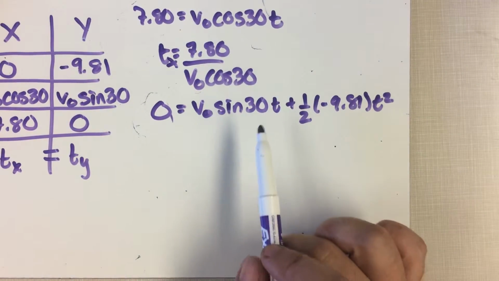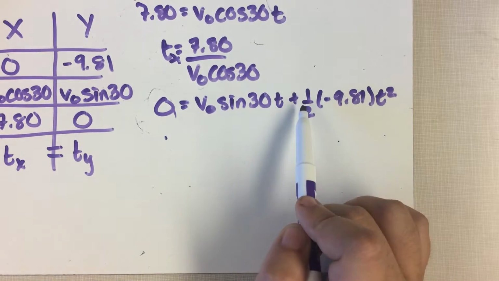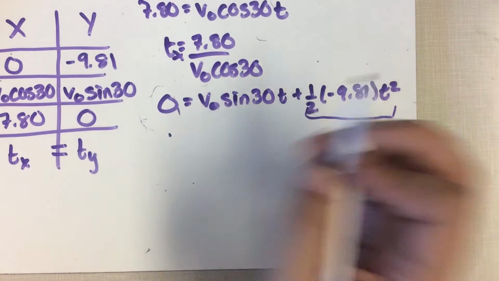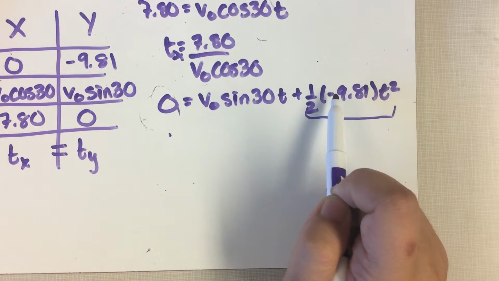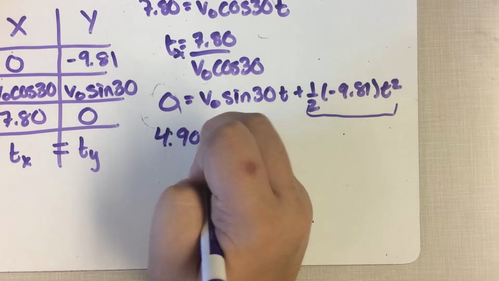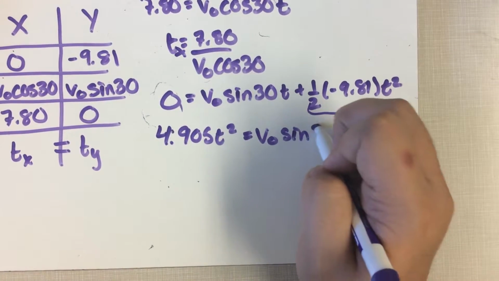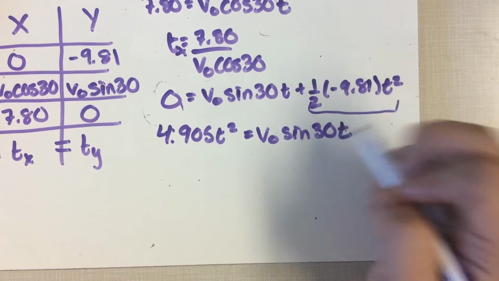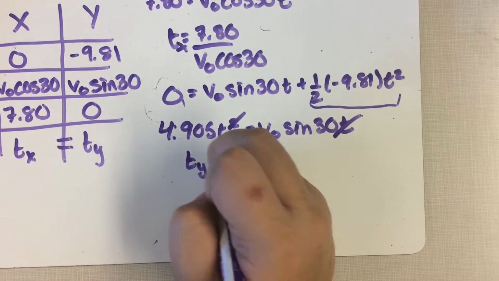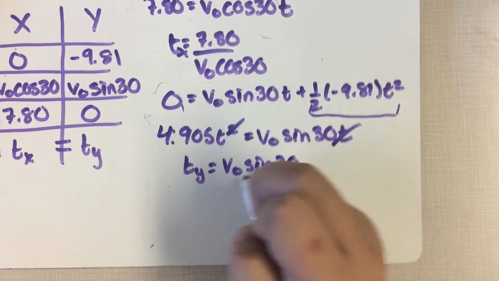This might seem a little impossible, but because we have the 0 over here, I can move this whole term over to the other side. It's negative over here, so when I move it over, it becomes positive. I get 4.905 t squared equals v naught sine 30 t. That allows me to cancel out a t. Solving this for ty, I would get v naught sine 30 over 4.905.